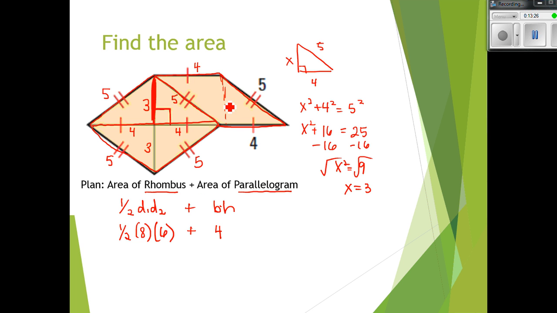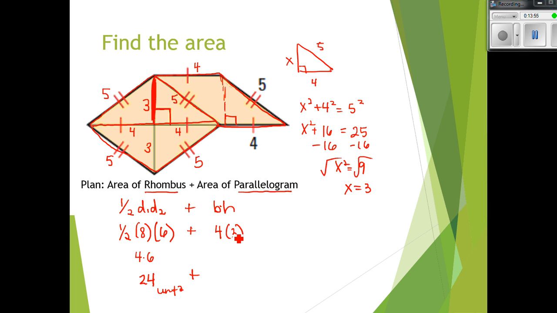Now, if I want to find the height of my parallelogram, I drop a 90-degree angle. Again, I can use that 90-degree angle, which is the same as this one over here. So that must mean the height of my parallelogram is 3. So the area of the rhombus is 1/2 times 8 times 6, which is 4 times 6, which is 24 units squared.